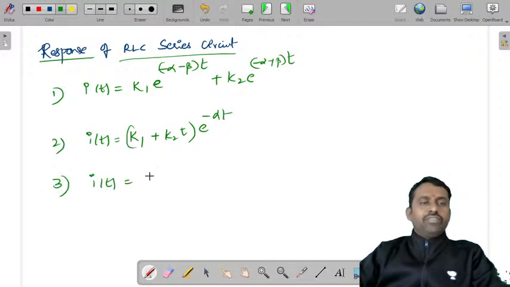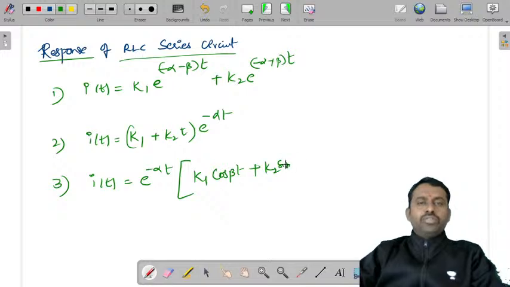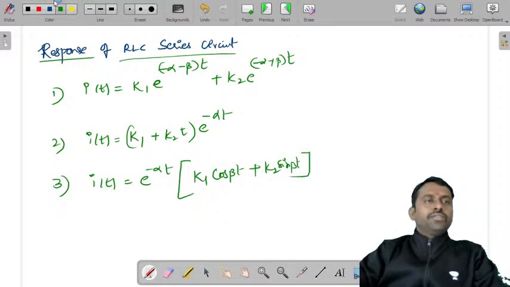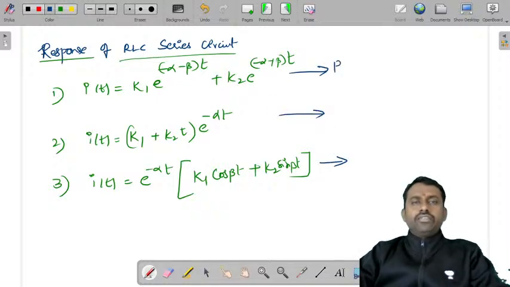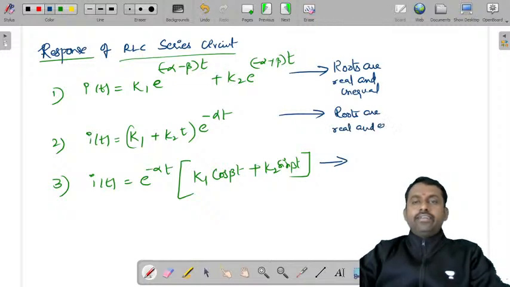Next, i(t) is equal to e power minus alpha t into (k1 cos beta t plus k2 sin beta t). So these are the three different responses that you get. The first is when roots are real and unequal, the second when roots are real and equal, and the third when roots are complex conjugate.